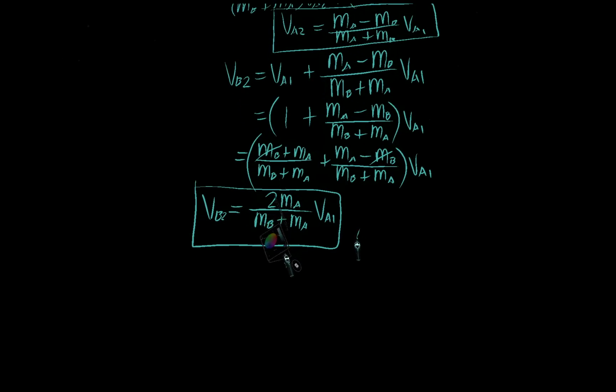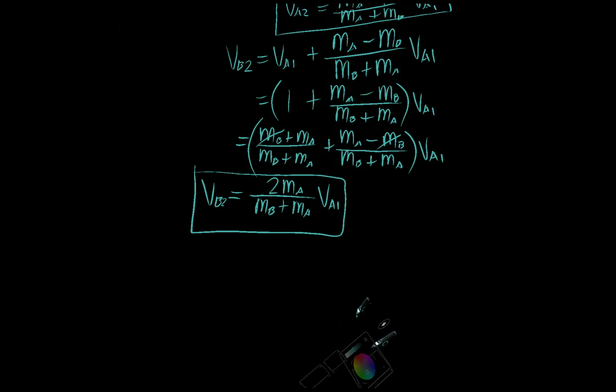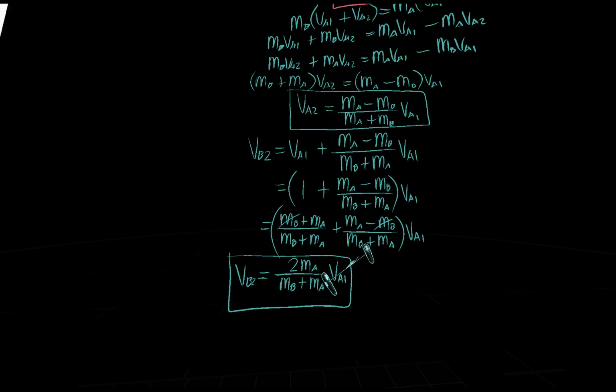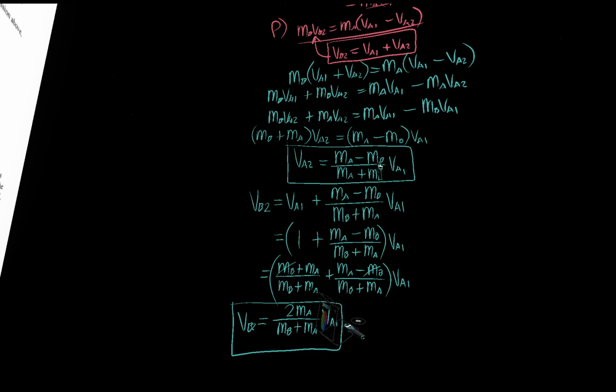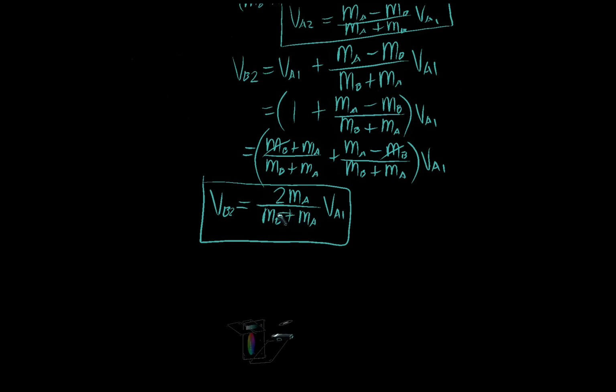All right, and then one further. How about if A and B have equal mass and B started at rest, just the same as we just looked at, but the masses are equal? Well, if the mass of A is equal to the mass of B, then our first equation here makes VA2 0. And the second means that this is the same thing.